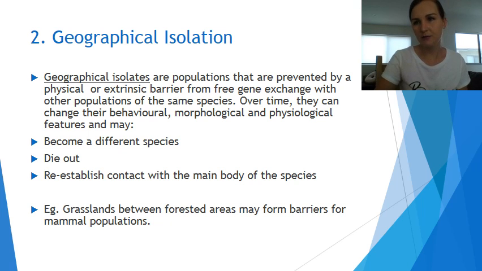So, an example of this, and I've spoken about this in class, is when you have a bushfire in a forested area. So then you'll get two forested areas being separated by a grassland in the middle, and this forms a barrier, a geographical isolate for mammal populations, which again may cause them to either become different species, die out, or then they may re-establish contact.